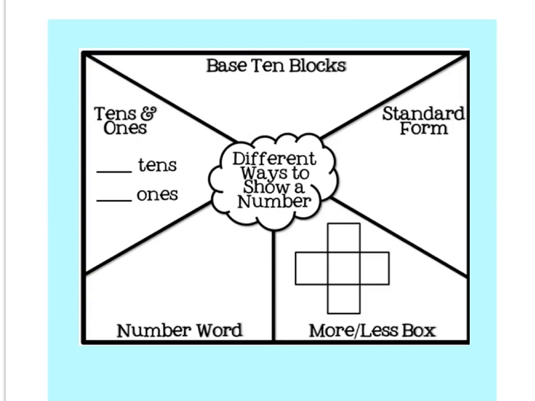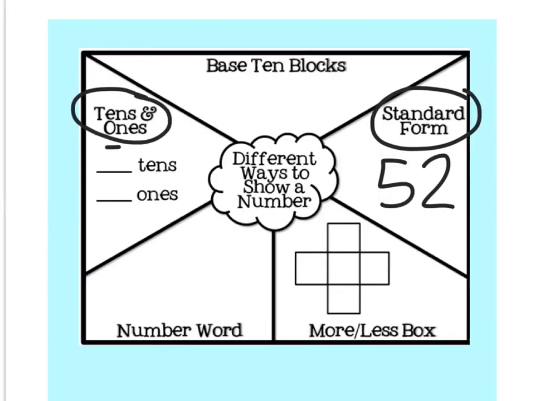Look at this page. I'm going to pick a 2-digit number to write in standard form. That is the form that you normally see for a number. My number is going to be 52. Then I'm going to think about that number and write it in different ways. If I think about that number in tens and ones, I have 5 tens and 2 ones.